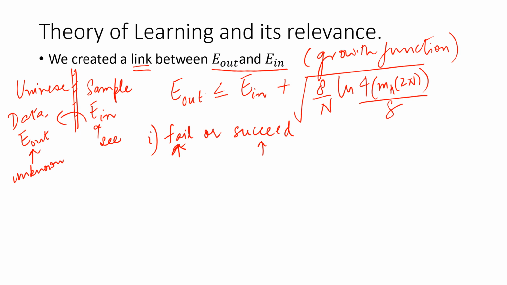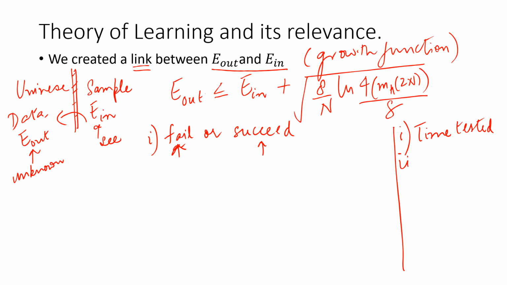The question that comes to our minds is why we chose this theory to establish this link. There are a couple of reasons; let me write them down. First of all, this theory is time tested. That means it has been used in various scenarios, and it works really well.